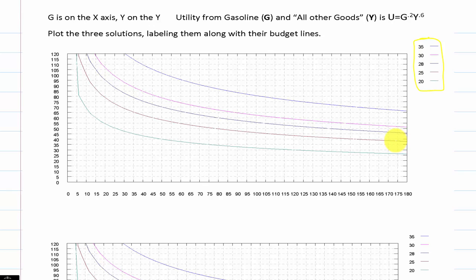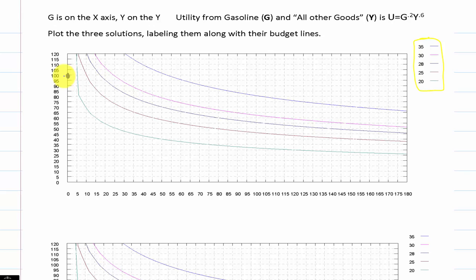So let's graph these two budget lines. For the first budget line, we have $100, and the price of our Y good is $1 each. That means we're able to afford 100 units of all other goods, priced at $1 a piece.